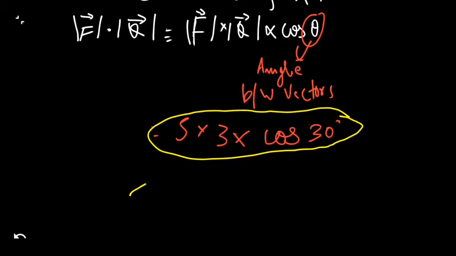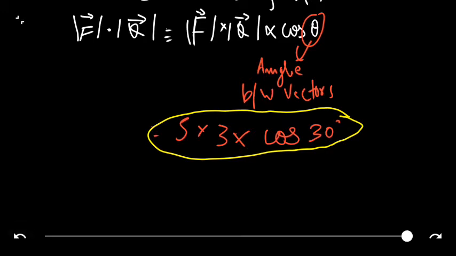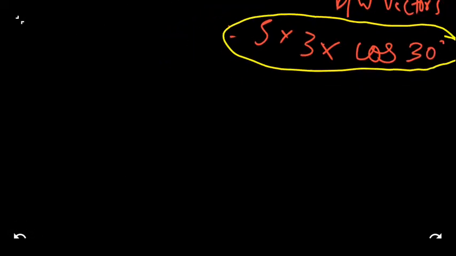So now you may ask why we use a dot product. We use dot products because it helps us in vector multiplication. For example, you have to find the work done. So you must have read that work done is force into displacement.